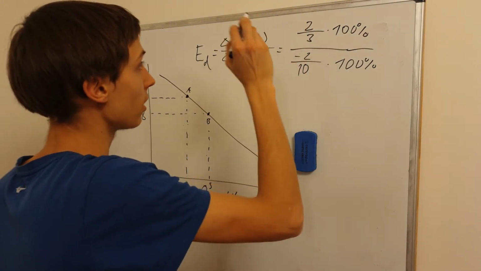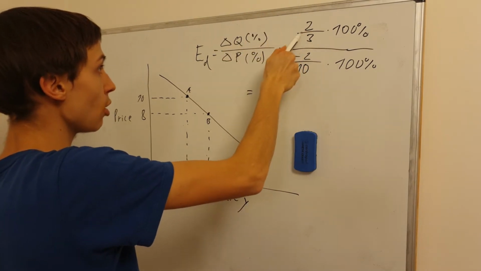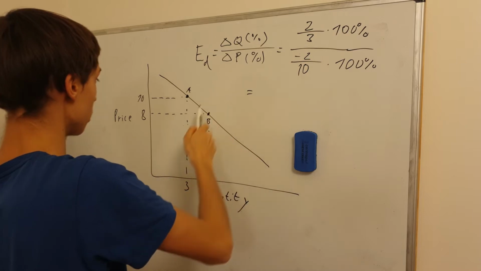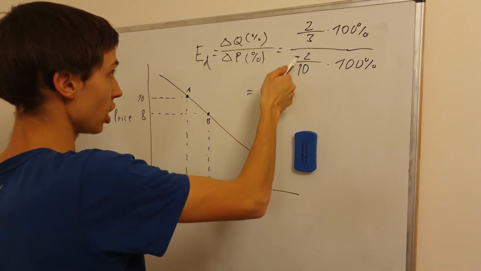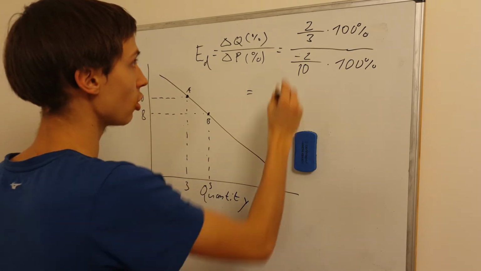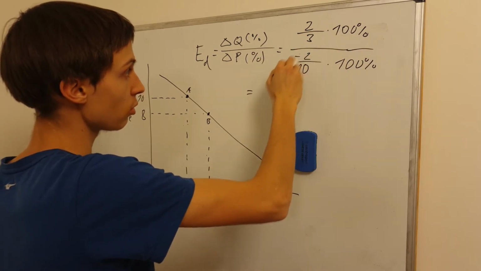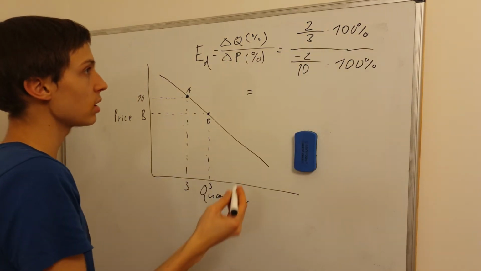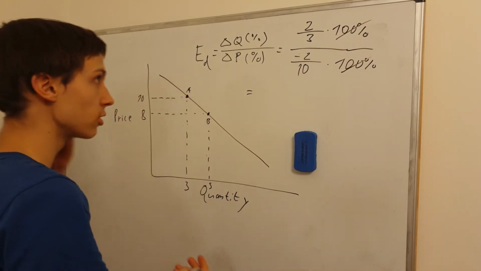And so we get, as I said, the ratio of the change in the quantity over the initial value of quantity, which is 2 over 3, and then we have the change in price over the initial price, which was 10. So we get 2 over 3 times 100 over all of that, over minus 2 over 10 times 100. Now we can just say these two cancel out anyway, so it's not required.